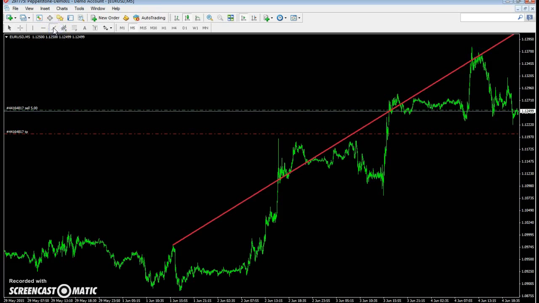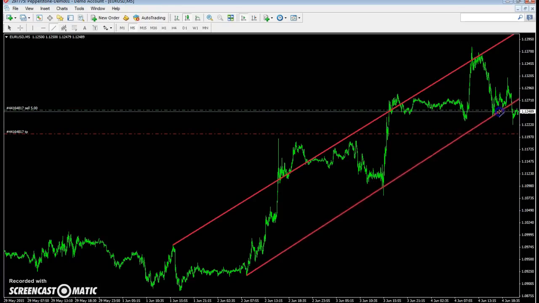Then we're going to grab the other trend line. We're going to drag it to this low right here. Connect it from this low past these lows all the way to right about, let's see, we kind of have one there. It looks a bit more crooked though.